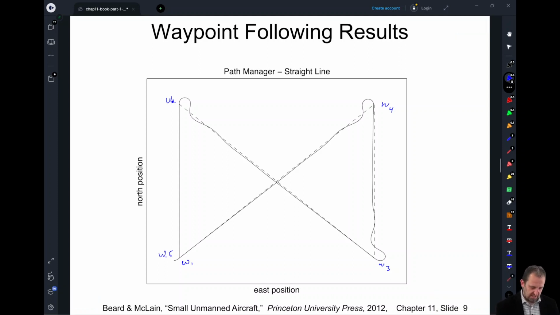So the biggest thing you see here is that we have a decent amount of overshoot. So we don't exactly follow the path, but it's a very simple, straightforward way to execute the path from w1 all the way up to w5. So there you have it. Our first technique for managing our paths, or managing the series of waypoints that are given to us to follow.